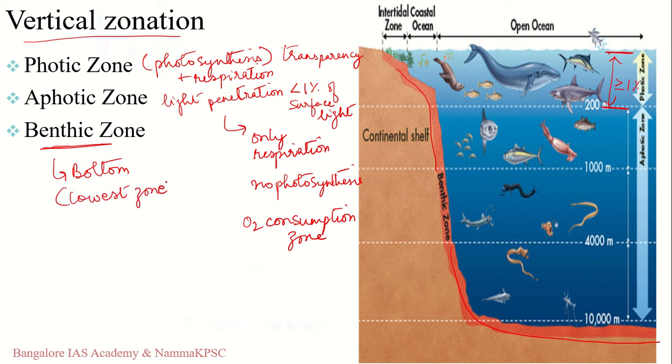So the benthic zone is a part of both the littoral zone and the pelagic zone, where you have your benthos. When discussing the different kinds of aquatic organisms, I did mention benthos. Benthos are the organisms found along the benthic zone.